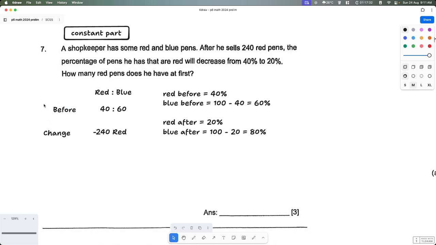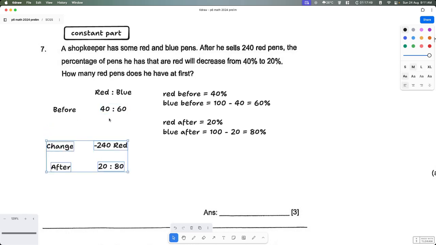So the after, let me copy this and paste it here. The red will be 20 and the blue will be 80. If we simplify this, from 40 to 60 to 2 is to 3, we divide by 20 for both. So this will become 2 is to 3.